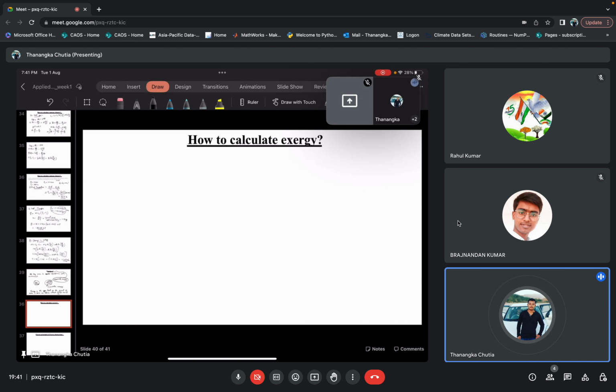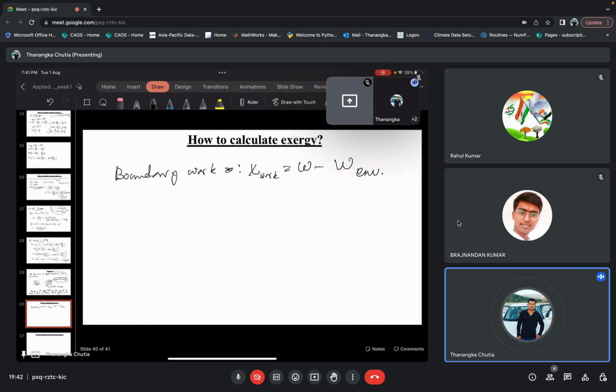fine. The next thing is, how do we calculate exergy? For calculating exergy, it's very simple. There will be some boundary work, which will be your exergy work, we can say. That will be nothing but W minus W surroundings, work done on the environment or work done by the environment.